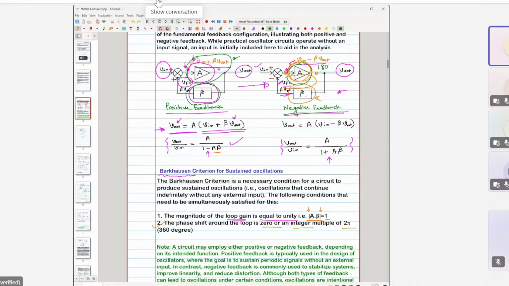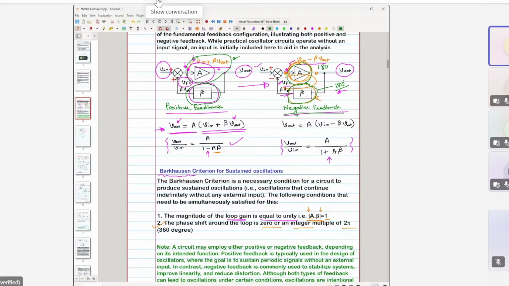Then you have to be careful in choosing this beta or this feedback network such that this feedback network should also produce 180-degree phase shift. So then what will be the total phase shift? 180 plus 180, 360 degree. Right? So in that case, you can expect you will get a sustained oscillation out of it.